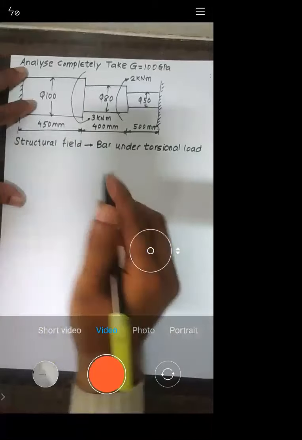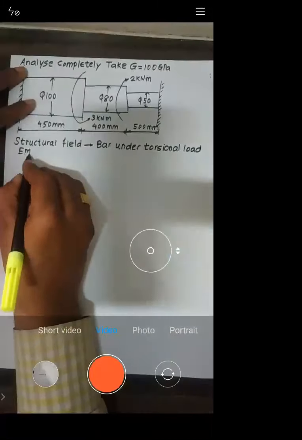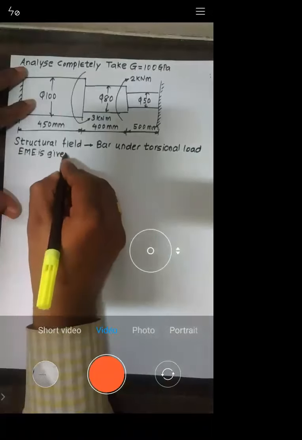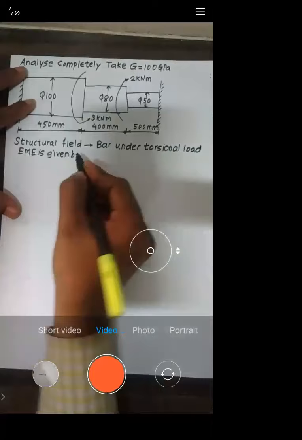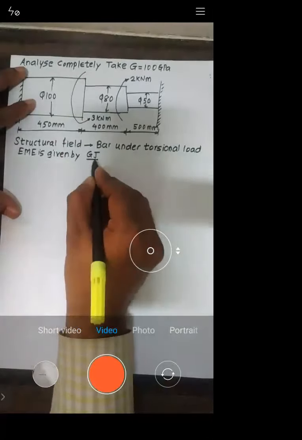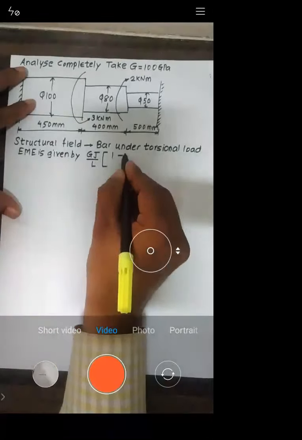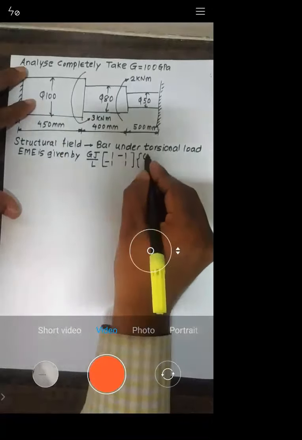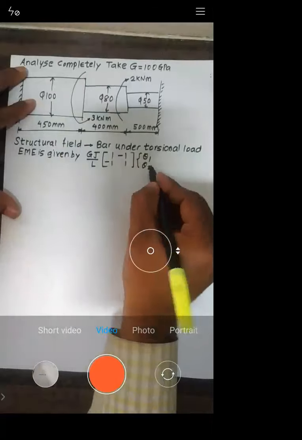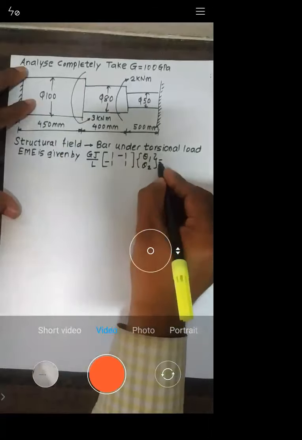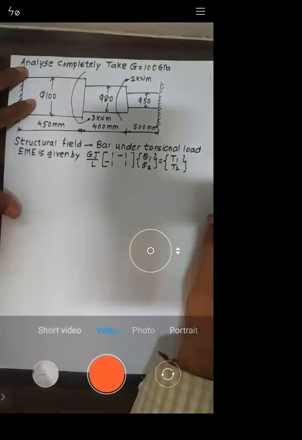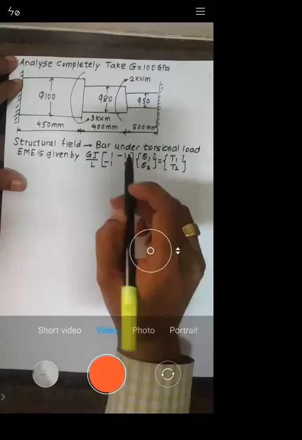I will write it down. So EME is given by GJ by L, matrix 1 minus 1, minus 1 1, times theta 1, theta 2, is equal to T1, T2. So this is the element matrix equation for a bar under torsional load.